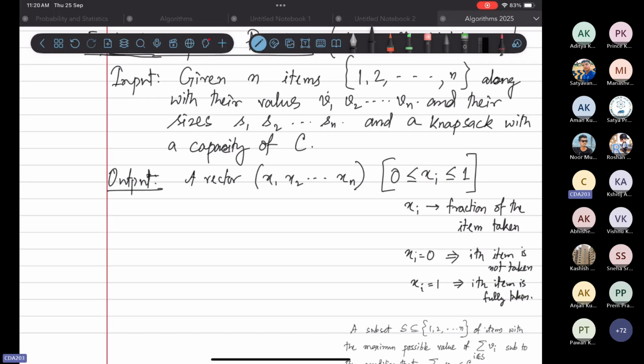So earlier, what was the condition? Either I take that item or not take that item. Those are the two options we had, and that corresponds to xi being 0 or xi being 1. This time in the fractional knapsack problem, I have to report for each of these items what fraction I'm choosing in my solution. So I have to output x1, x2, xn such that something happens.